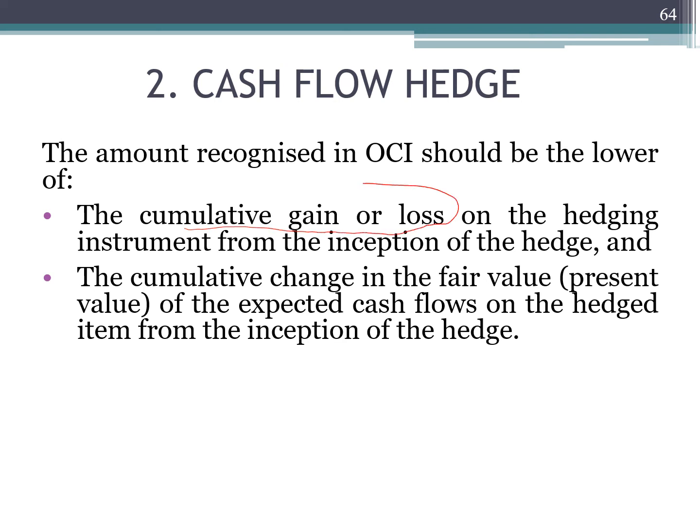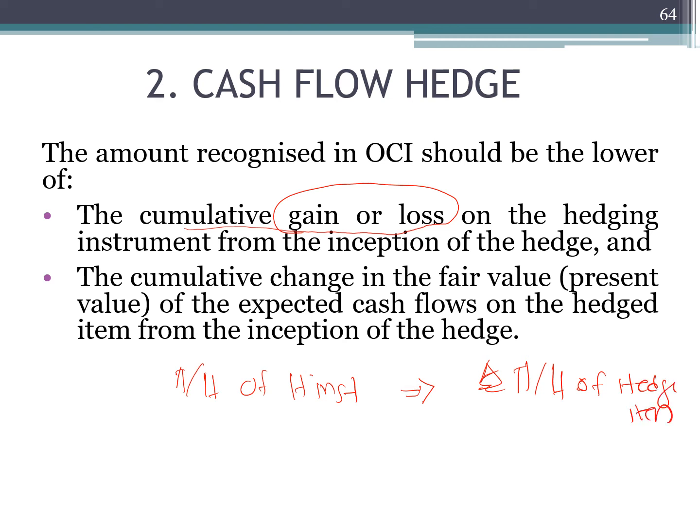We're going to look at the cumulative gain or loss of the hedging instrument and compare it with the gain or loss from the hedged item, and then recognize the lower of these two and transfer it to other comprehensive income.